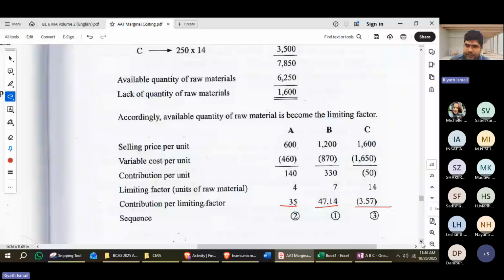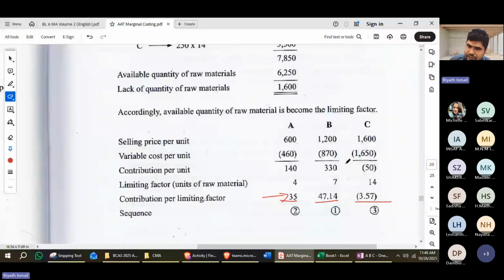When we rank it, here it provides us the highest contribution per limiting factor. So therefore, we have to produce B first, followed by A. Third rank is a loss, so it is advisable not to produce C because it gives us loss.